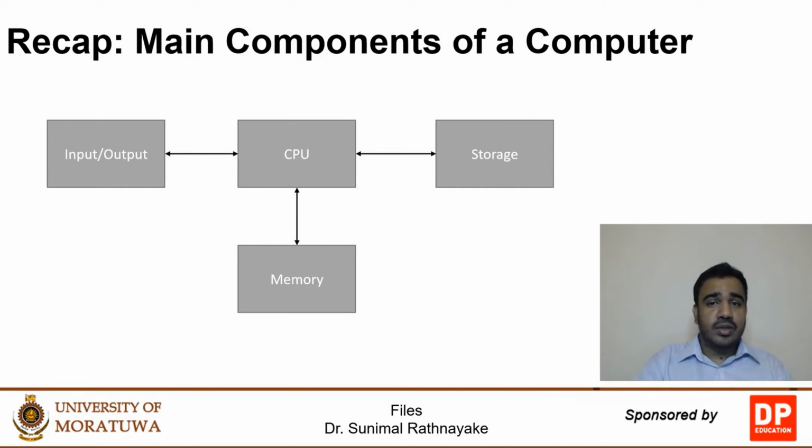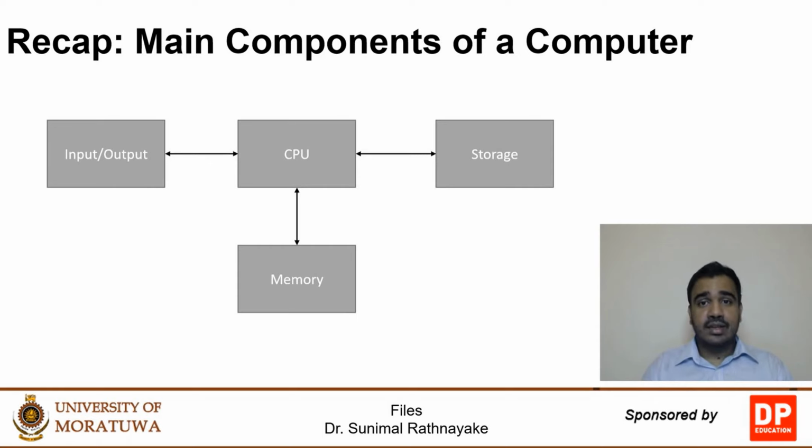Our modern computers mainly consist of four main subsystems: the central processing unit, the memory subsystem, the input-output devices and the storage devices. So far, the lessons you have learned in this course involved the CPU, memory and the input and output devices. The main memory in the system is volatile.